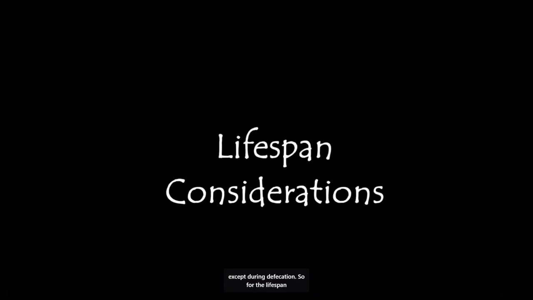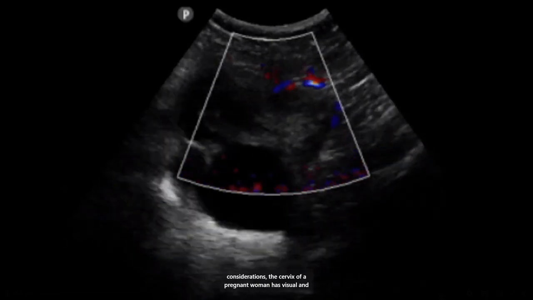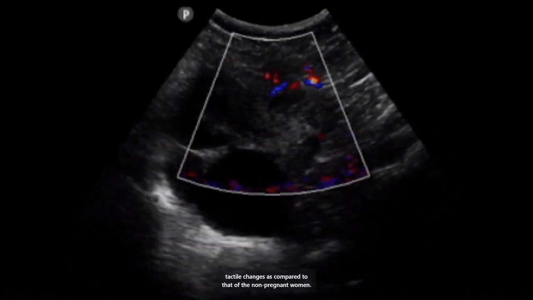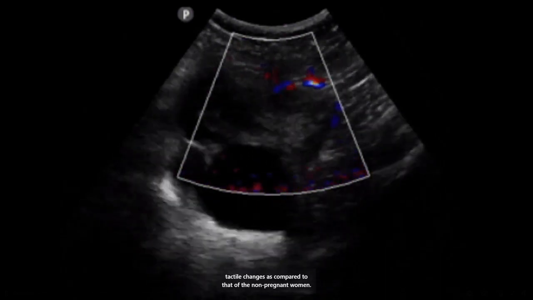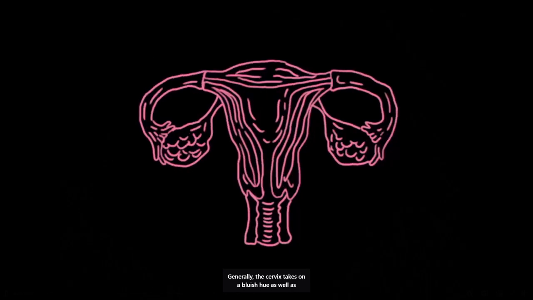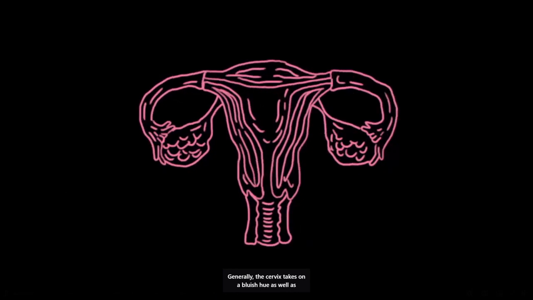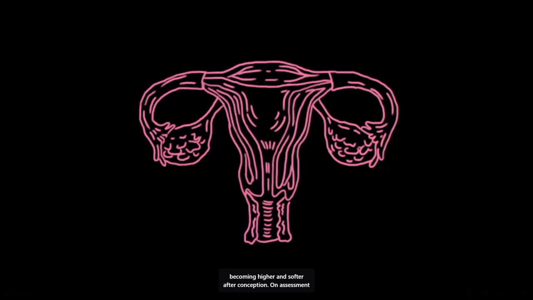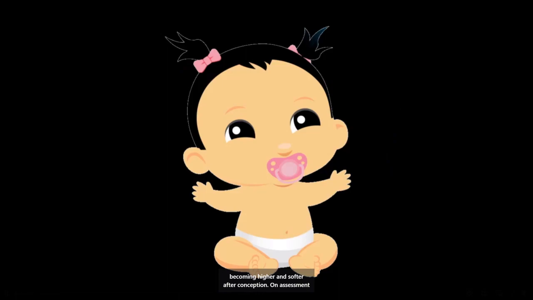So for the lifespan considerations, the cervix of a pregnant woman has visual and tactile changes as compared to that of the non-pregnant woman. Generally, the cervix takes on a bluish hue as well as becoming higher and softer after conception.